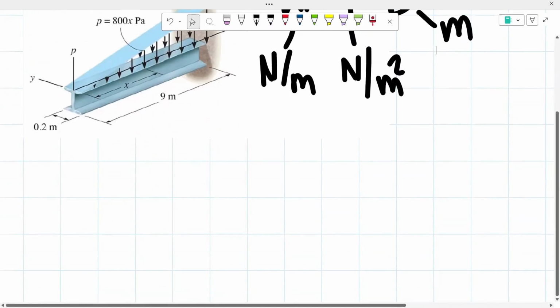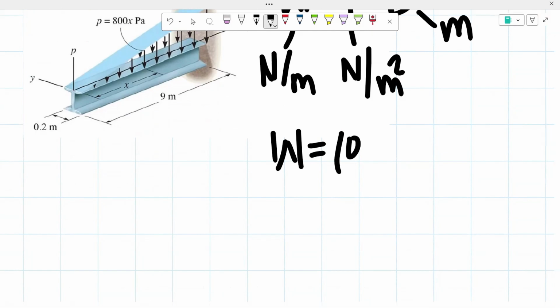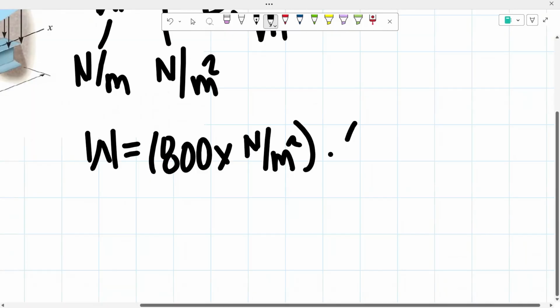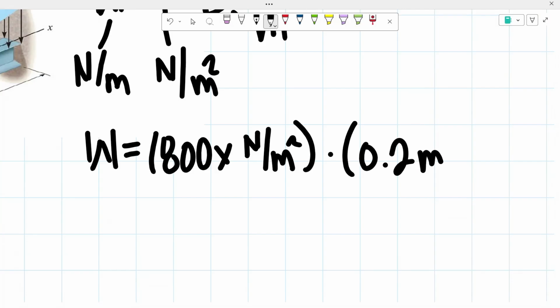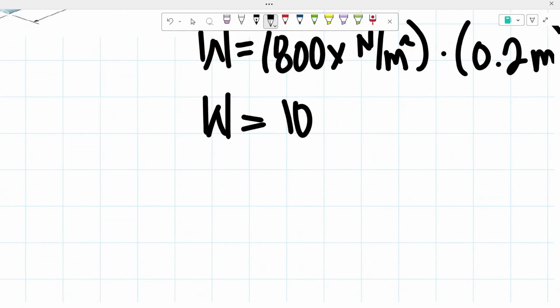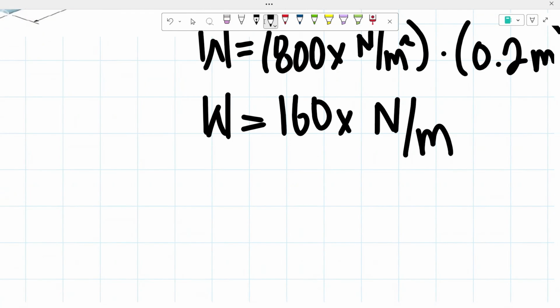So we're simply going to plug our information into that equation. 800x newtons per meter squared, and then we multiply that by our width, which is 0.2 meters. So that means that our weight is represented by, sorry, not 100, 160x newtons over meters.